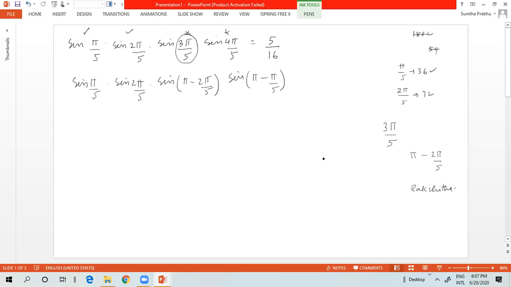Yes, sir. See, 5 pi minus pi is 4 pi by 5. Can we also write it as pi plus 3 pi by 5? No, that will be 8 pi by 5. Oh, okay, I got it. Now what we do is plug in the values for those.